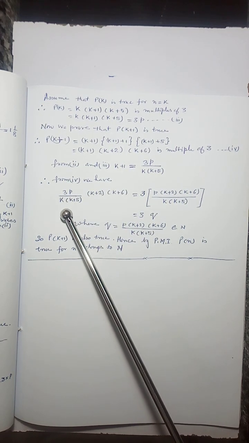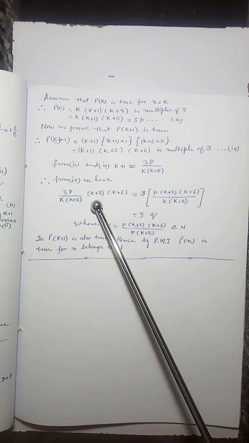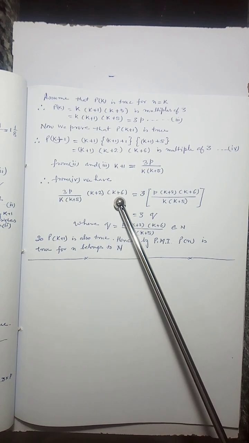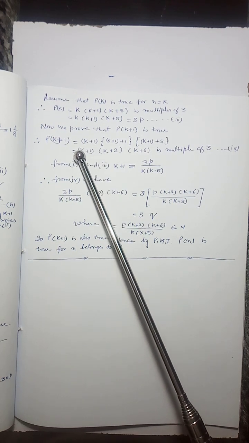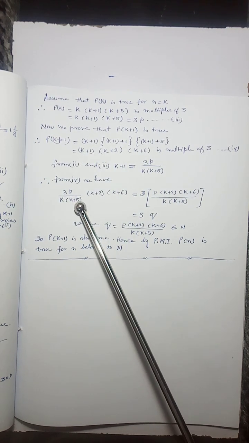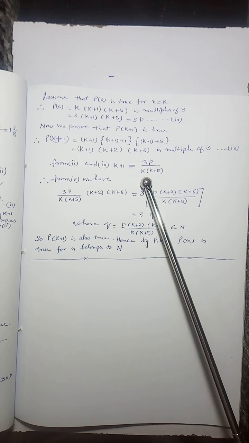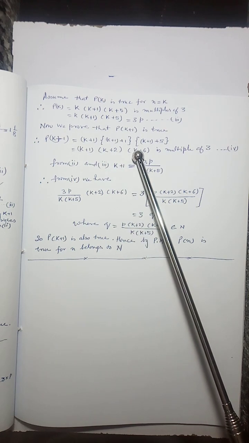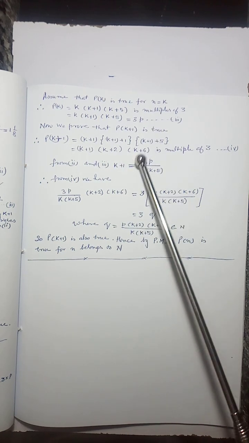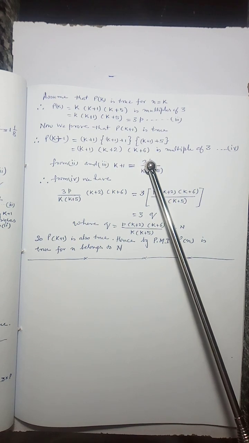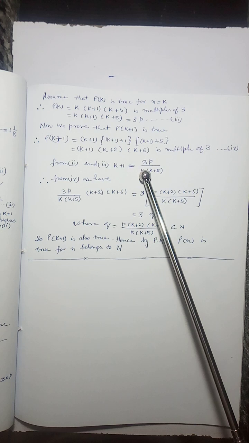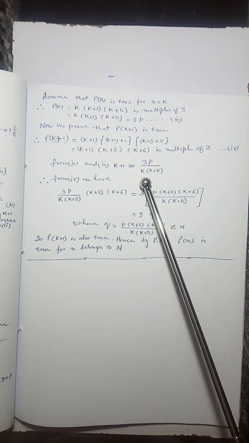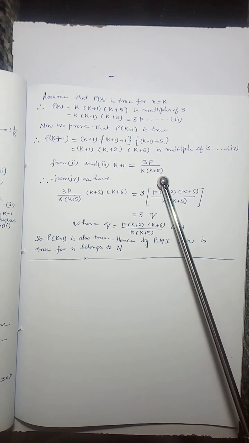Here the 3p upon (k+5) and (k+2) into (k+6). You see, here for k+1, I have written 3p upon k into (k+5). First of all, I have equated it to the upper one, that is k+1.